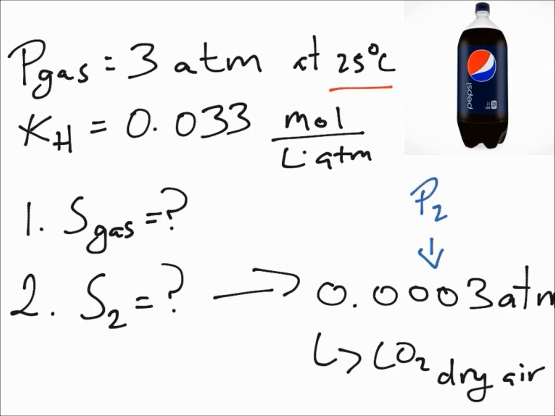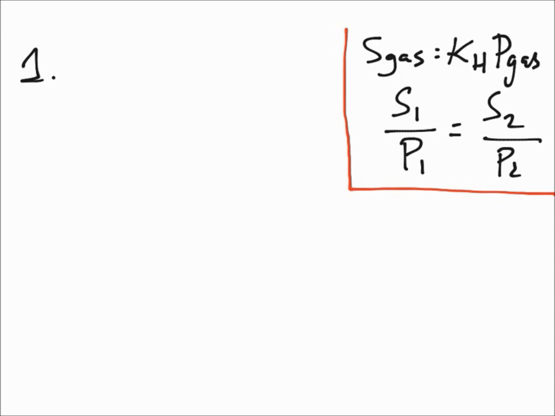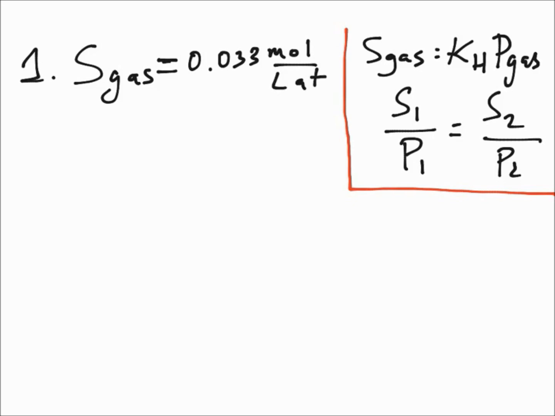So let's do number 1 first. Those are the equations. We wanted to find what the solubility of the gas was if the constant was 0.033 mole per liter atmosphere times a pressure of 3 atmosphere.